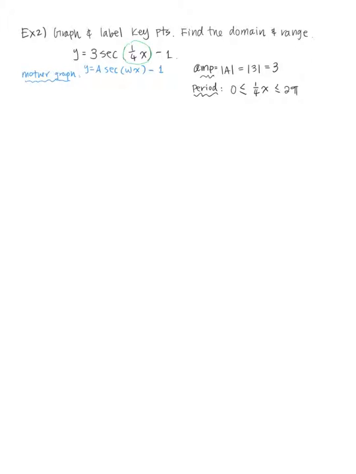Solving for x, let's just multiply everything through by 4. So it looks like we're going to have 0 less than or equal to x less than or equal to 8 pi. So instead of a 2 pi mark, you're going to have an 8 pi. That's all. Okay, the mother graph.